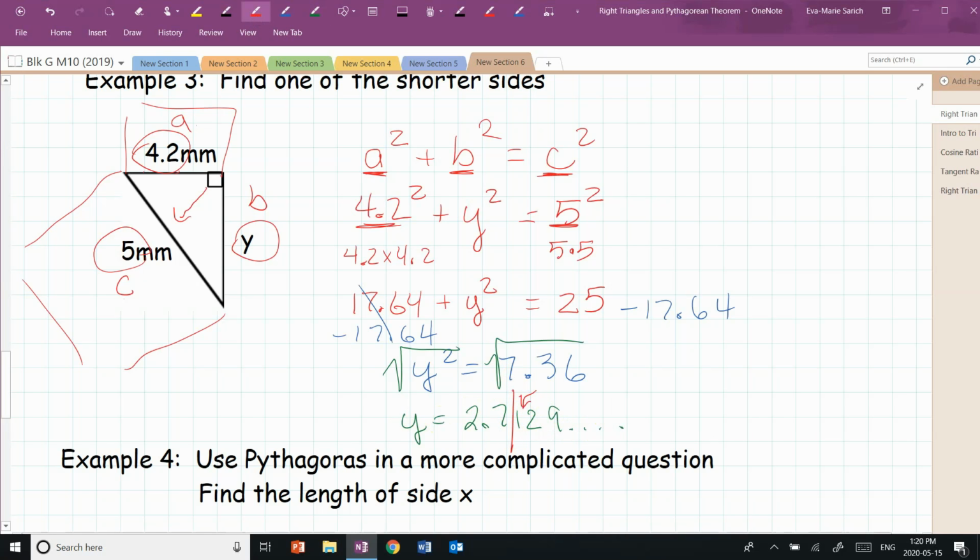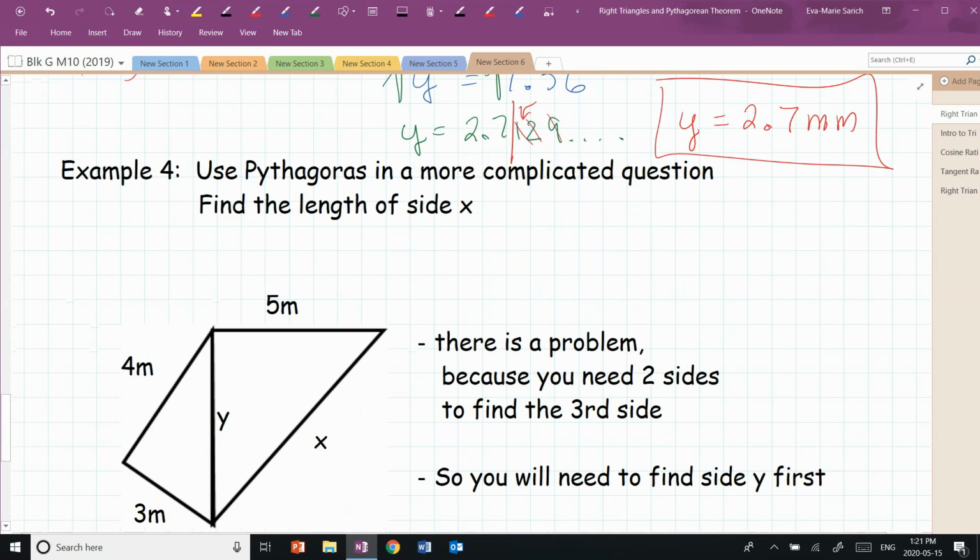Because this is a 1, less than 5, we're just going to drop them off. We don't add 1. And y is going to equal 2.7. Now, in this case, it is millimeters in our question, so we have to have millimeters in our answer. We just solved it. Substitute, square, subtract, square root, rounded answer with units. Okay?